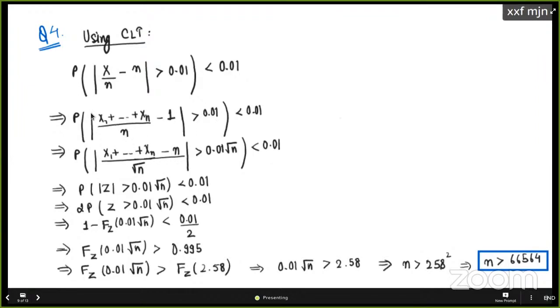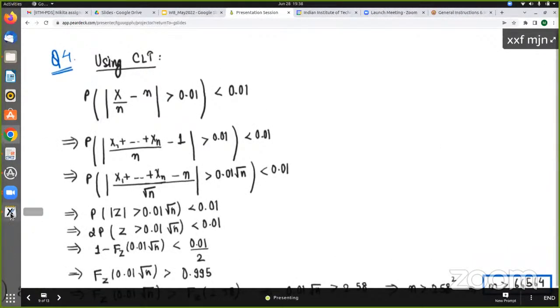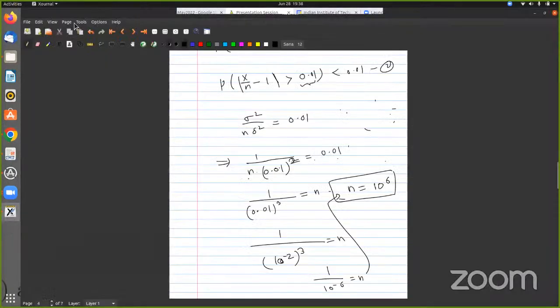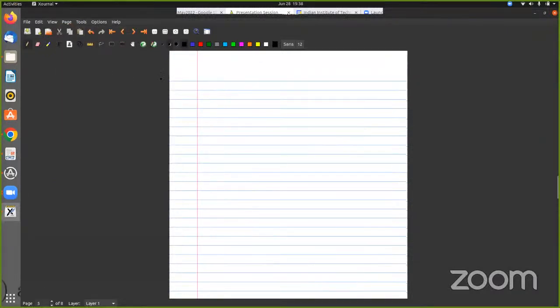Maybe I'll try to write it. So this is x1 plus x2 to xn divided by n minus 1, greater than 0.01, and this entire thing is less than 0.01.